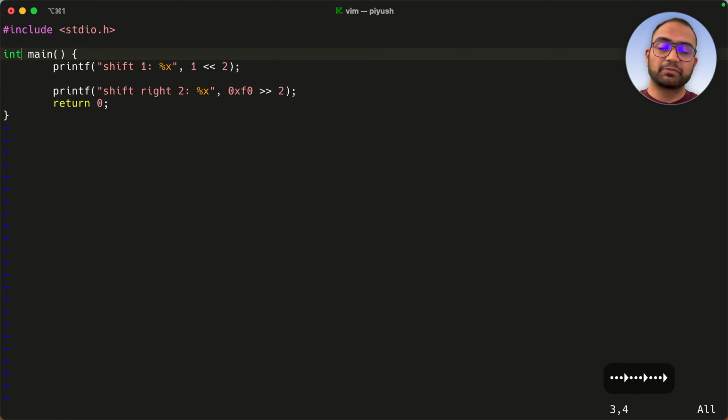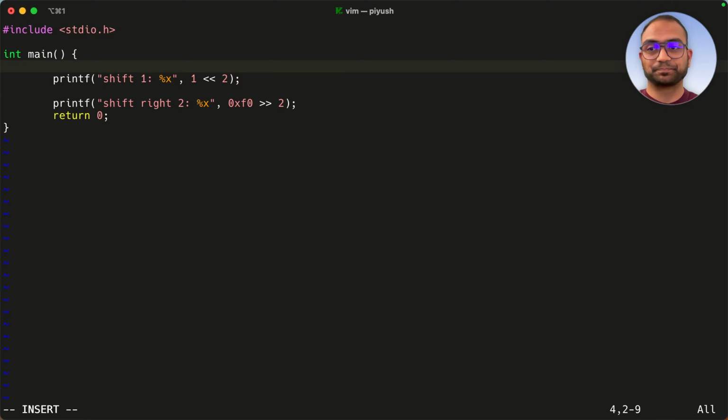This time around, we're going to look at the shift operators first, the left and the right shift. I want to take out of the way one special behavior of signed numbers when you perform a right shift operation on them.